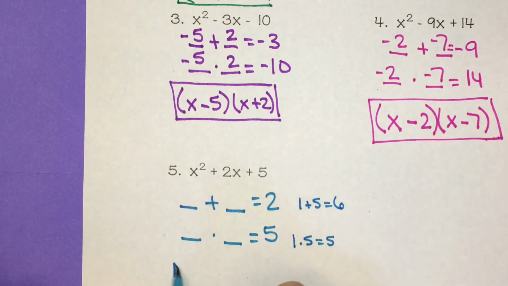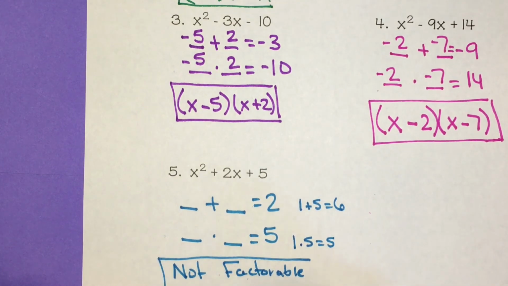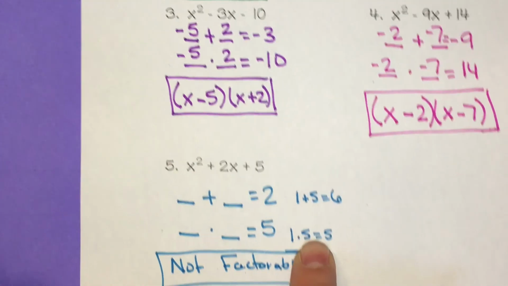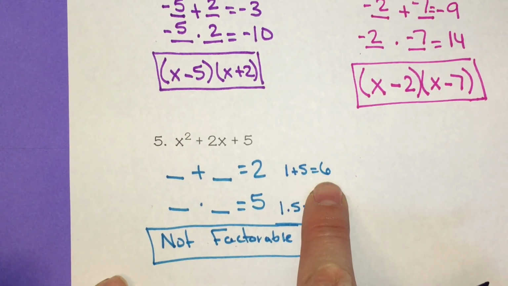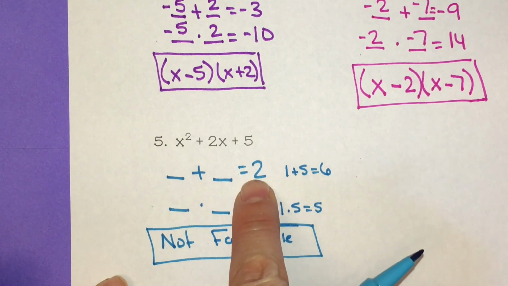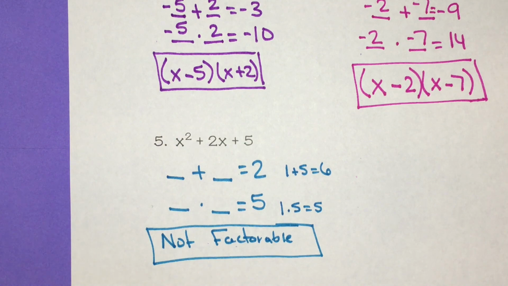So this one is also not factorable. So I would make sure that I write out all the factors of the multiplication part. Make sure that when you add them together, none of them actually equal what you're trying to add up to, and then you can decide if it's factorable or not.